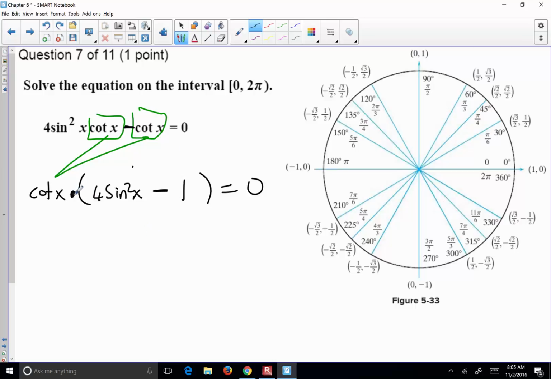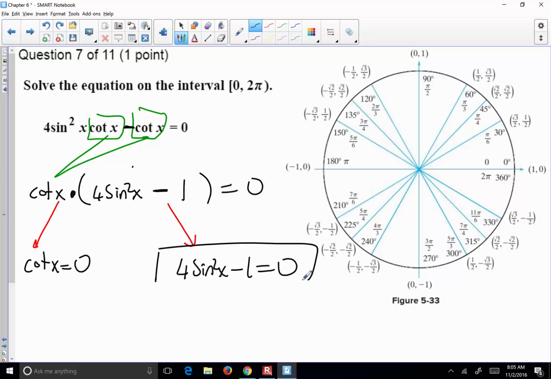Now this is a factored equation. You can set each piece to 0. Cotangent x is 0, and 4 sine squared x minus 1 is 0. Same result we got, but we didn't lose the other branch. The other solution is still present. Same thing, right?